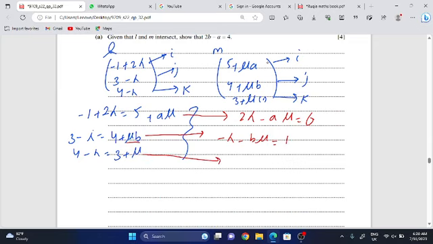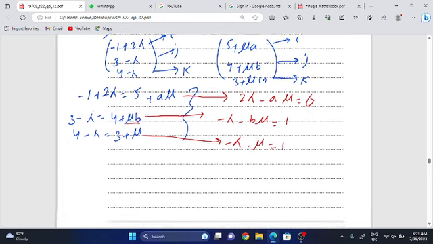And the third equation can be written as minus lambda minus mu equals 1.